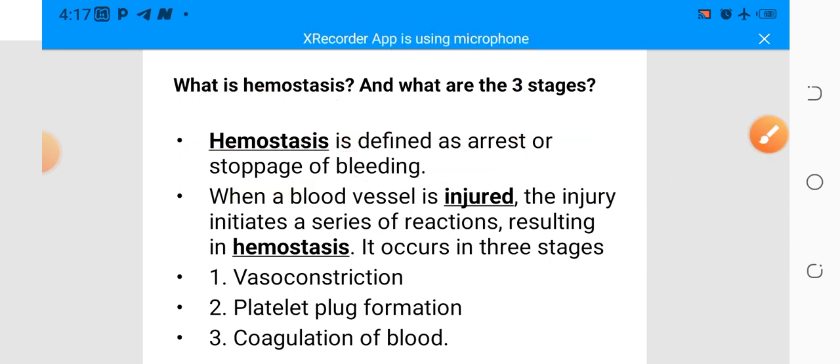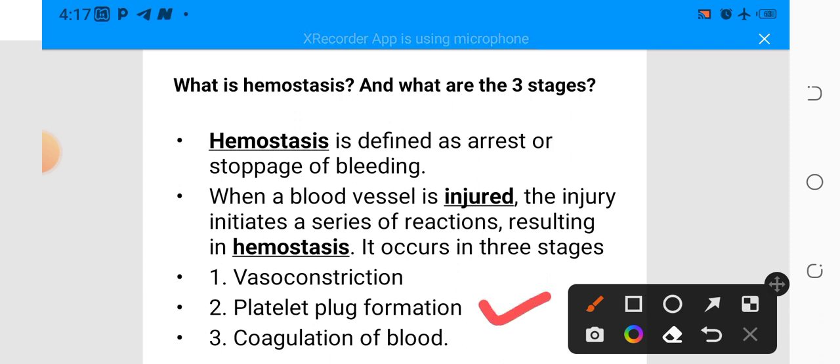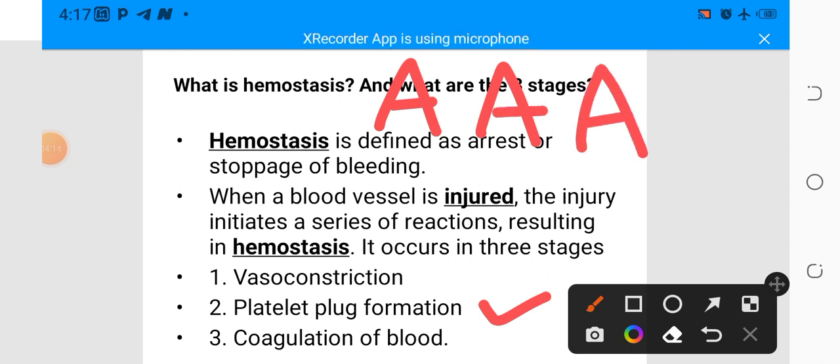Let's not talk much. And then platelet plug. The platelets have a property called adhesive property. The 3 properties of platelets are these: adhesiveness, whereby the platelets stick to surfaces; aggregation, where the platelets stick to each other; and agglutination.